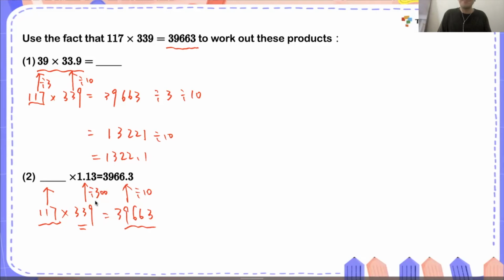Okay, we just divide by 300 by this multiplier, but finally our product only divides by 10. Okay, so how does this number change, that is times 30.